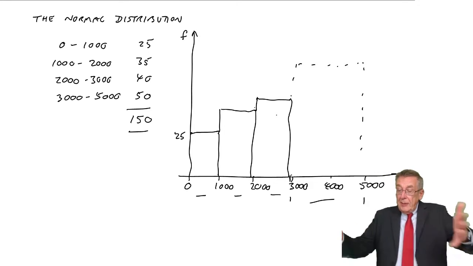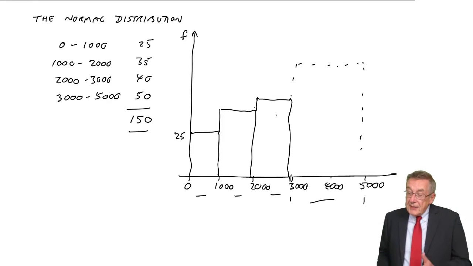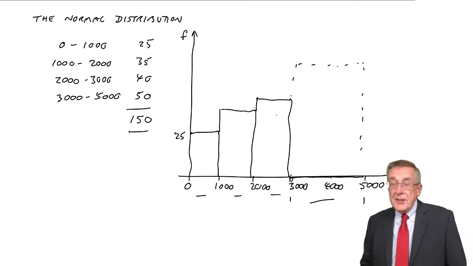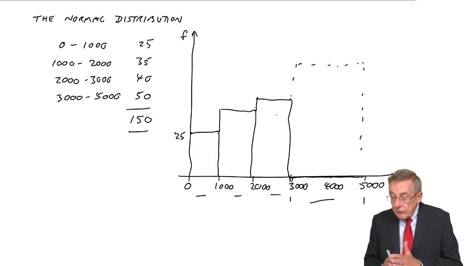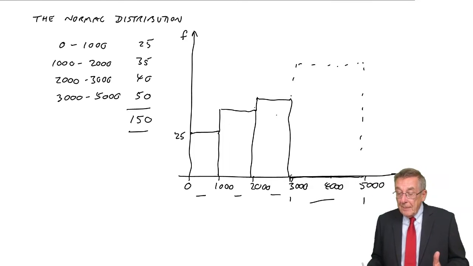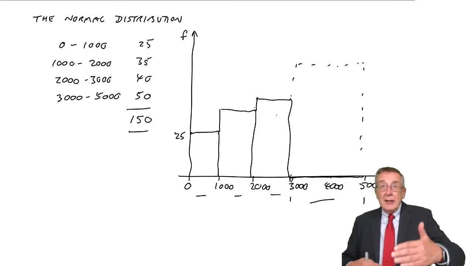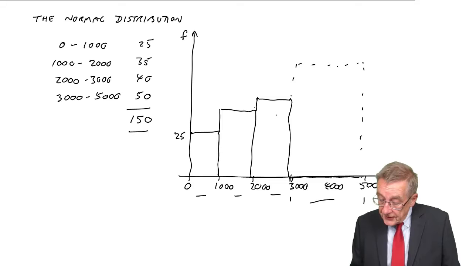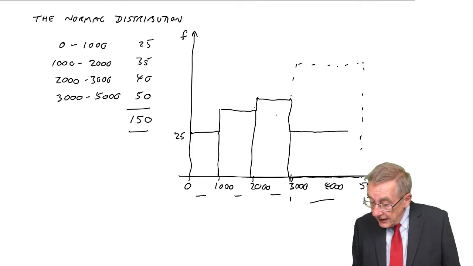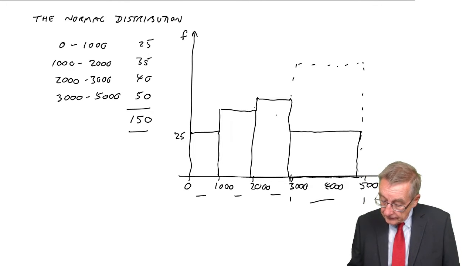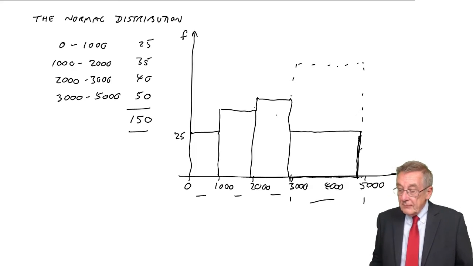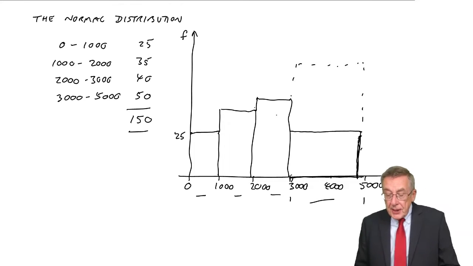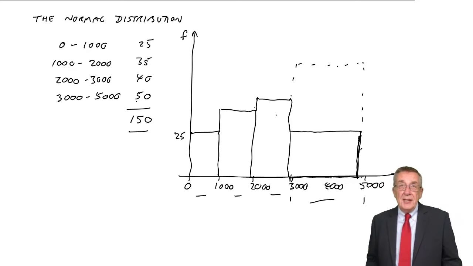It looks as though everybody's up there, whereas in fact, because the range is twice as big, we need to do a bar that's half the height. So instead of 50 units high, we'll have it 25 units. And that surely is a bit more meaningful, because between 3,000 and 5,000 there are 50.